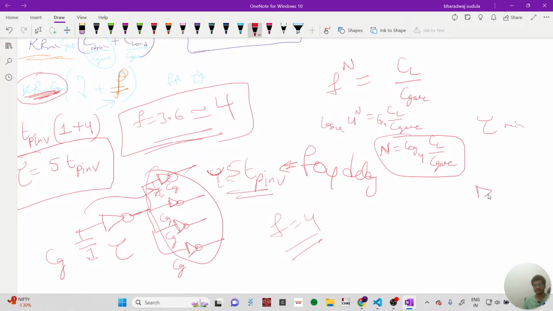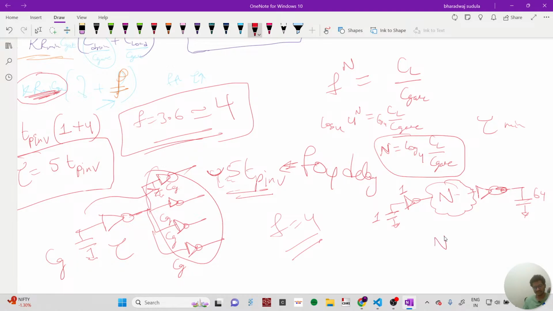Let's say output cap is 64 and there is a cloud here and there is another inverter, first one, which is the basic one. This is one unit, and we need to know number of stages here. Number of stages in the sense we include these as well, number of inverters.